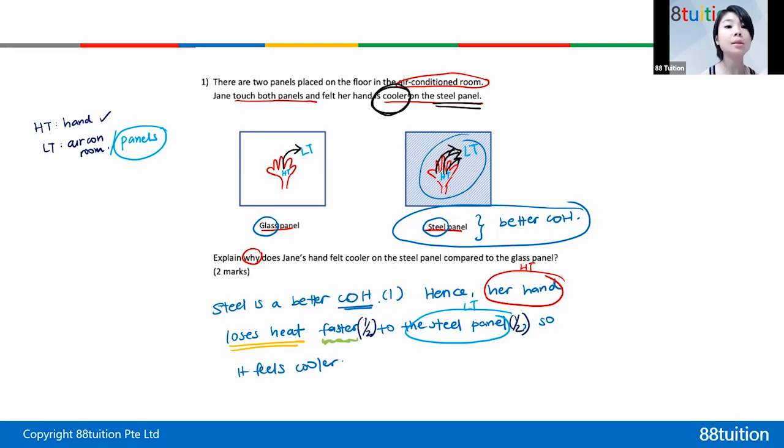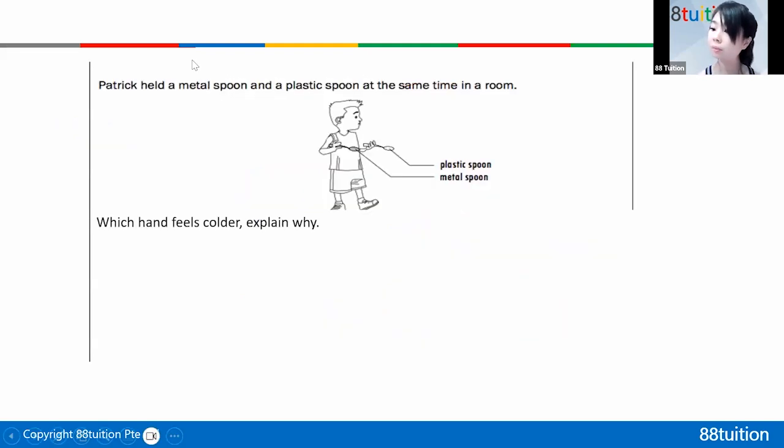Sky, your answer is not accurate, yeah? So her hand will lose heat faster to where? Sky, you need to write to where? So her hand will lose it faster to the steel panel. Okay, 7:41, time's up. Next question.